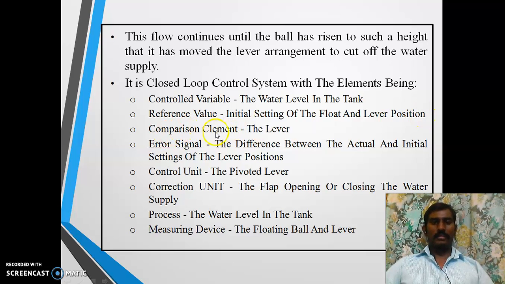Comparison element: the lever is the comparison element. Error signal: the difference between the actual and the initial setting portion of the lever position. Control unit: pivot lever. Correction unit: flap opening and closing of the water supply. Process: water level in the tank. Measuring device: float ball and the lever.